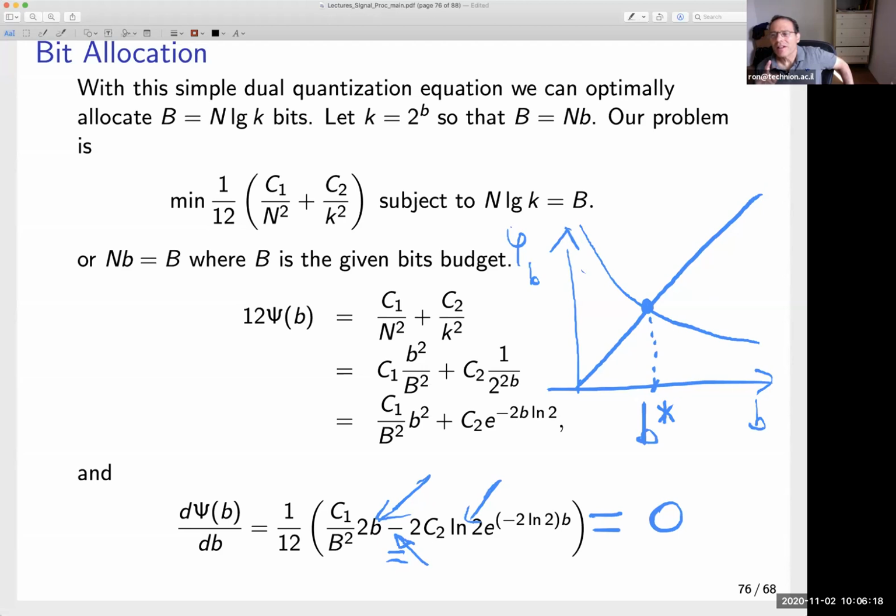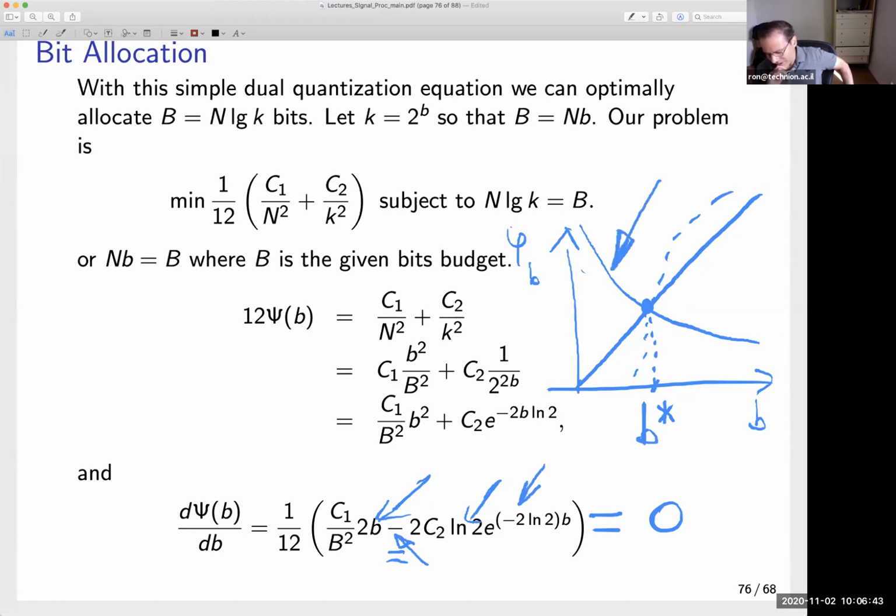Who is it? Omer or? Me, Barak. Barak. What Barak is saying is that this function should probably look like that. Yeah. Well, remember that here I have an inverse value with respect to b. Okay, so I think I am correct. I think that this is how it should look like.